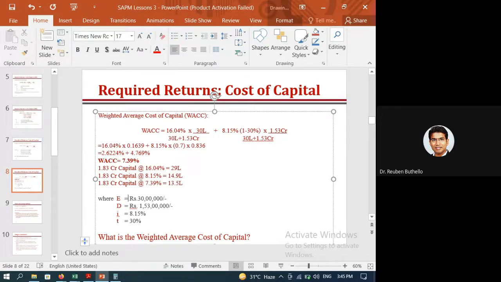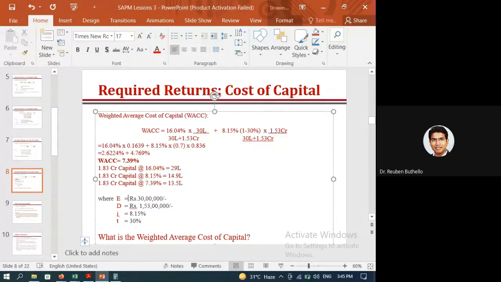What we can do is, in a day or two when you come back to college, some of you are coming back tomorrow, you all can calculate for the company of your choice because, mind you, this will come for the exam. This problem is surely coming for the exam.